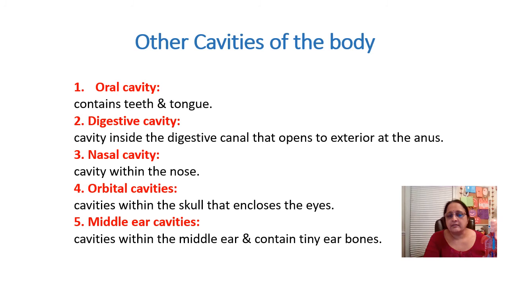Orbital cavity, which is located inside the skull and encloses the eyes. Middle ear cavities, which enclose the tiny ear ossicles or bones. Then finally the digestive cavity, that is the cavity present inside the digestive canal or food pipe, that opens to the outside by means of the anus.